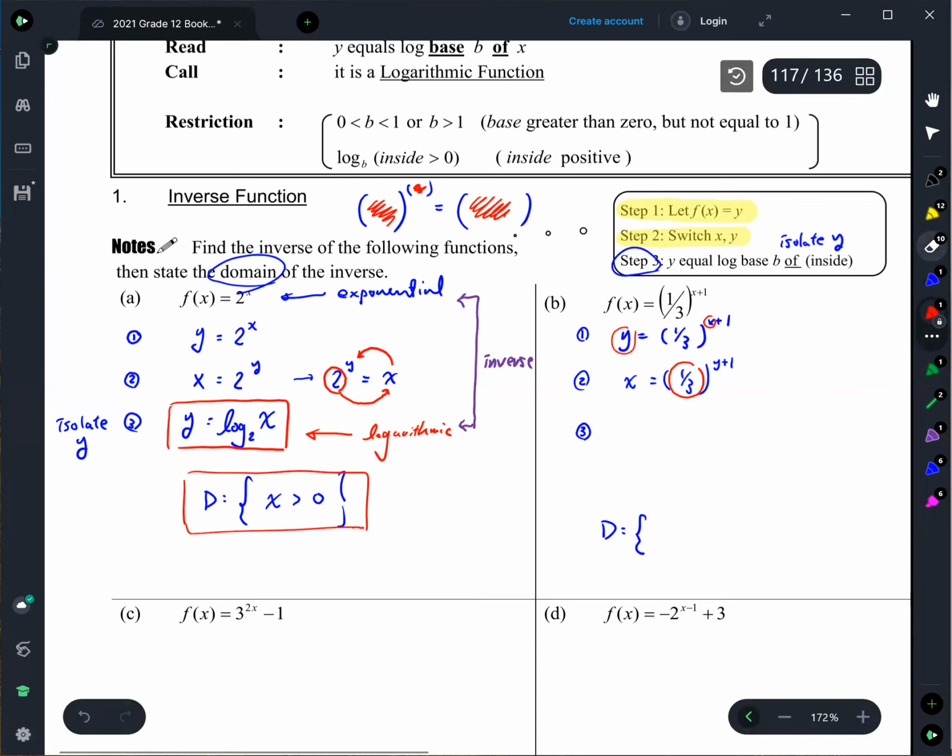When we do counter clock, usually we put the exponent part on the left side. Log of this base 1/3 of x equal to the exponent.